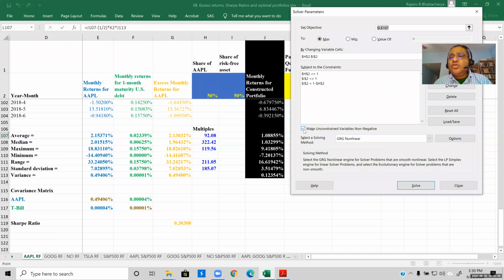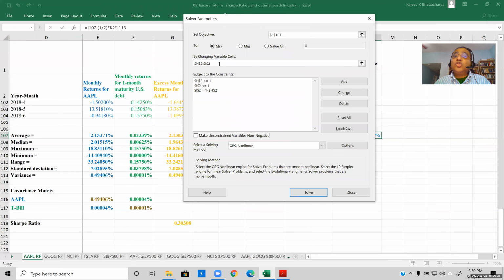You see this check mark here, make unconstrained variables non-negative. You can either add the constraints in the subject to the constraints box, or you can just check this, because so many of our constrained optimizations tend to have non-negativity constraints. That's a standard option within Excel.